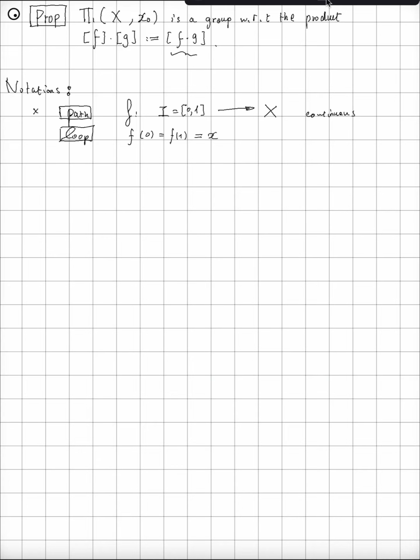So in our case, when we say the base point is x0, that means all those paths f or g appearing between the brackets are loops with base point x0, which means f0 and f1 equal x0.